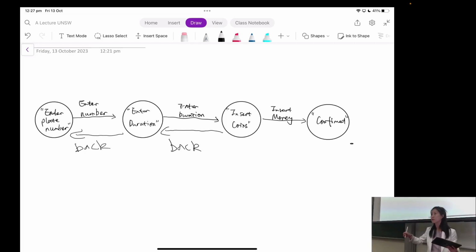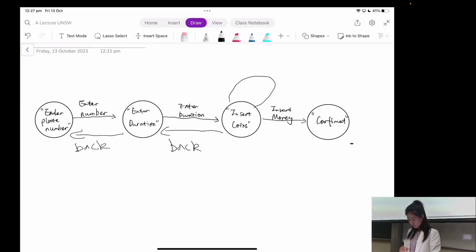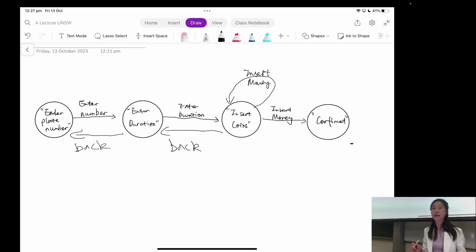For example, you put in $1 and the parking meter will tell you we need more, right? So maybe we need something like a loop for this insert coins state. In this loop, the event may happen a couple of times, which is insert money.